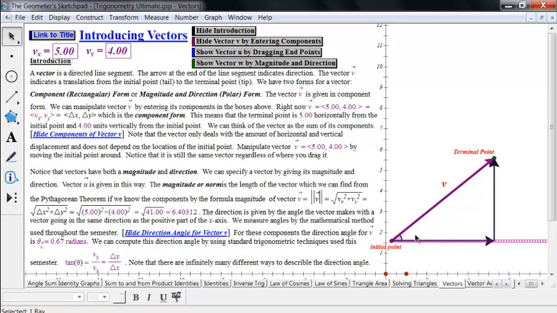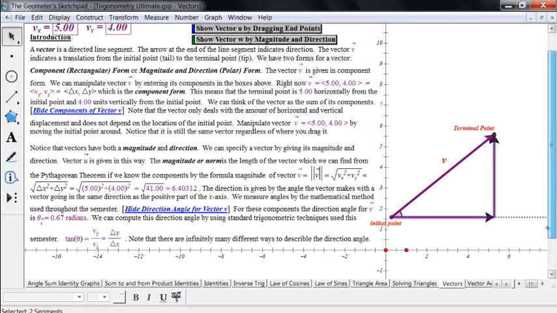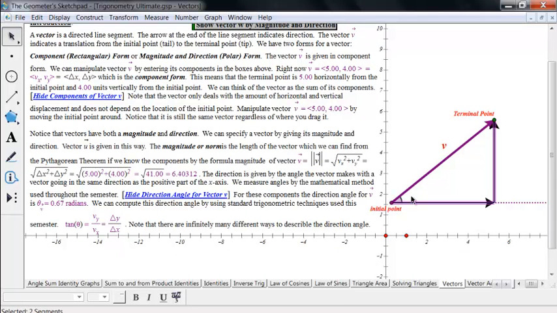But what we do know about this angle is the tangent of that angle is going to be the y-coordinate over the x-coordinate. So that's v sub y over v sub x, or in other words, delta y over delta x. If you think about that line segment, the slope of that line segment is the tangent of that angle. So that's what we're really doing, is we're describing that.